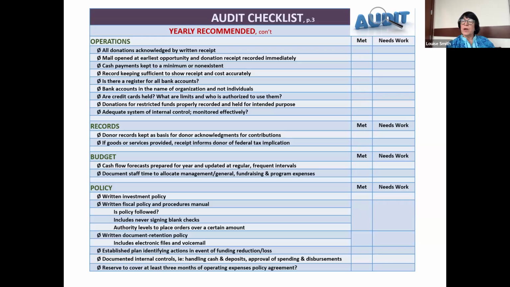Let me stop and answer a question here that I see in the chat. If you still have paper files, what's your recommendation for keeping on file before shredding? Angela, I can't give you an exact answer. It depends. A document retention policy will specify various kinds of records and how long you need to keep them, or whether they're of a permanent nature.